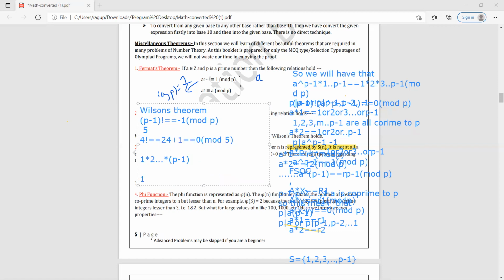Let's say it is 1 into 2 into 3 into 4. So 4 into 3 is congruent to 2 mod 5.